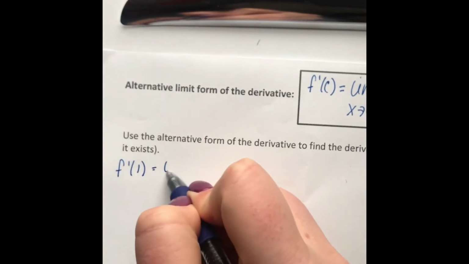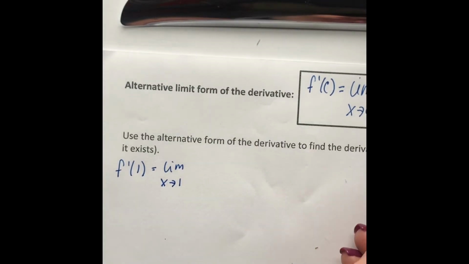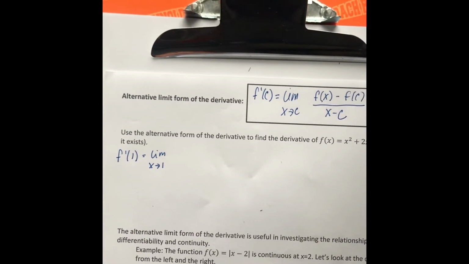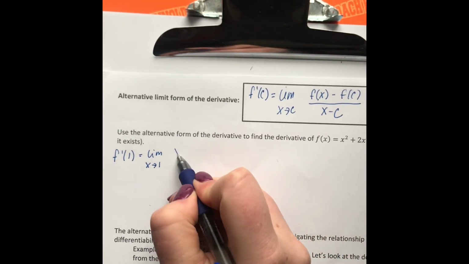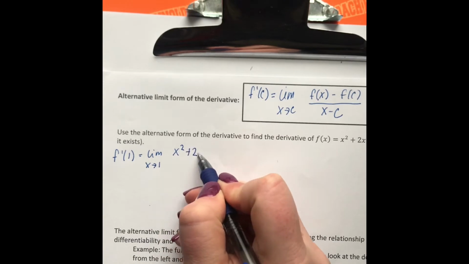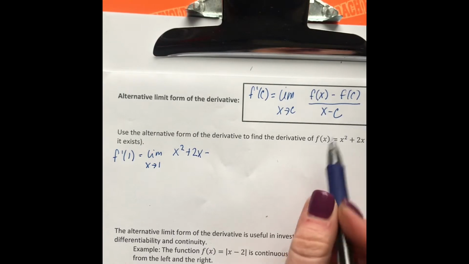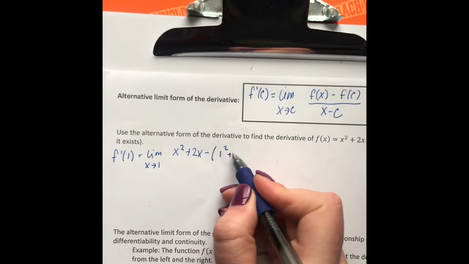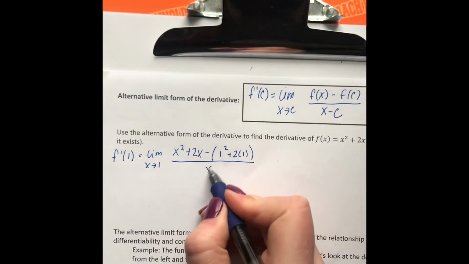is equal to the limit as x approaches 1. Our f of x function is x squared plus 2x, so we're going to write that x squared plus 2x minus, when we find f of c, we're going to plug in the 1 in for x, so minus 1 squared plus 2 times 1 all over x minus 1.